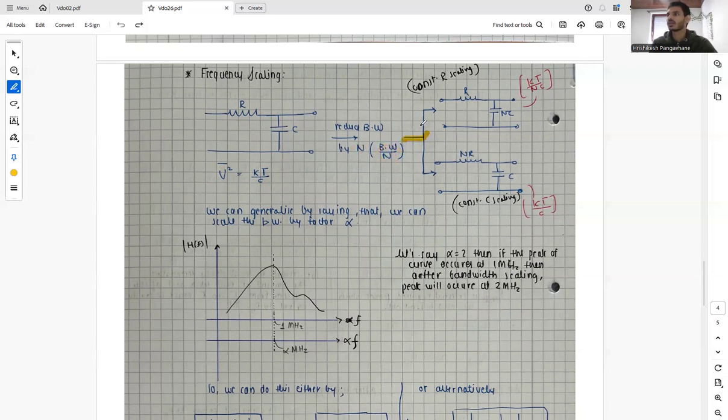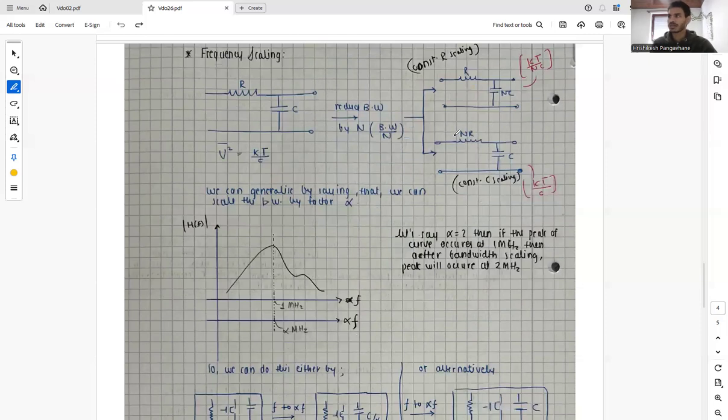So basically there are two options. We can scale the capacitor by n, and it will give us the variance of noise as kT divided by nC, as the value of C is scaled, and this is called constant R scaling.